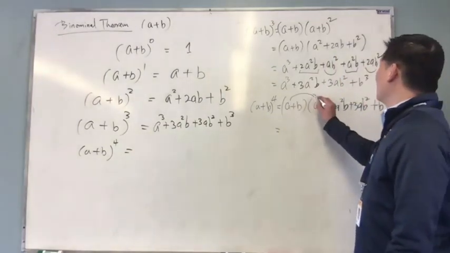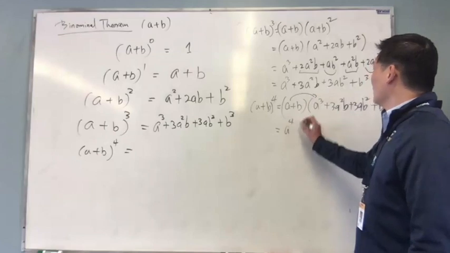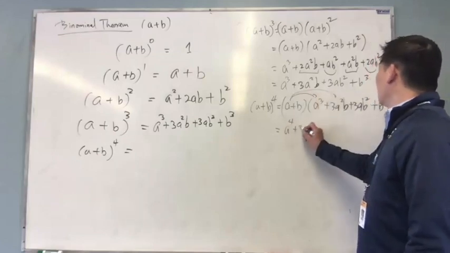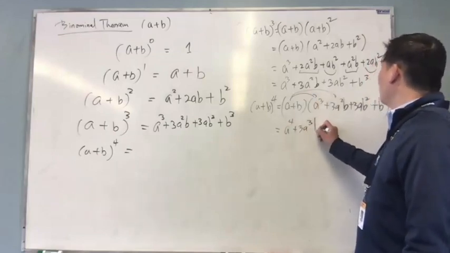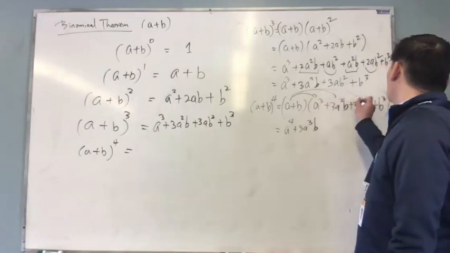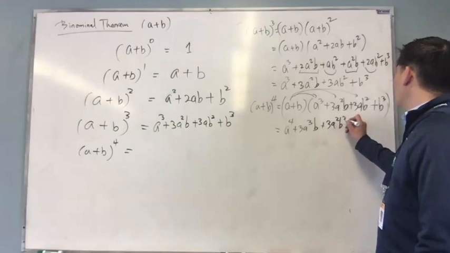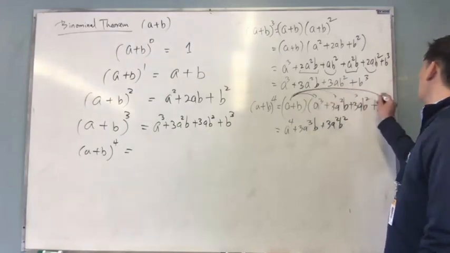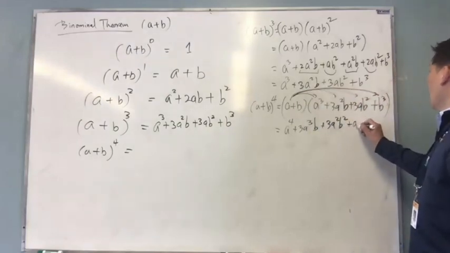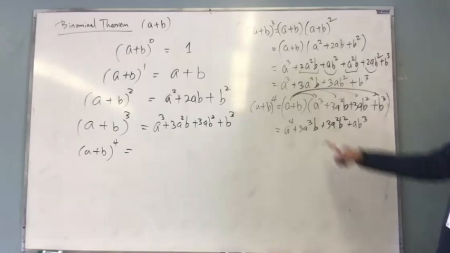All right. A to the fourth power. 3a cubed b. 3a squared b squared. ab cubed. That's just from A, right?